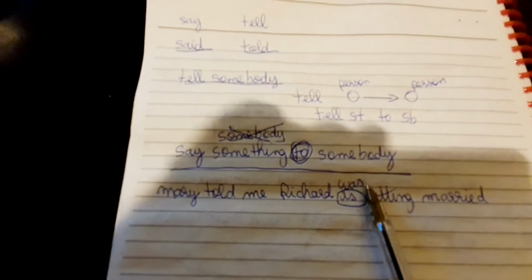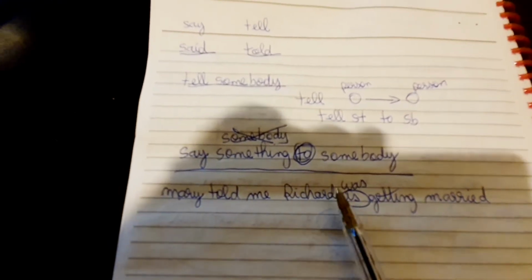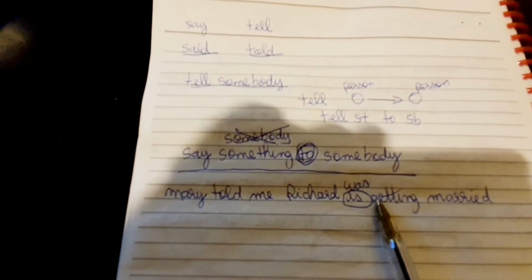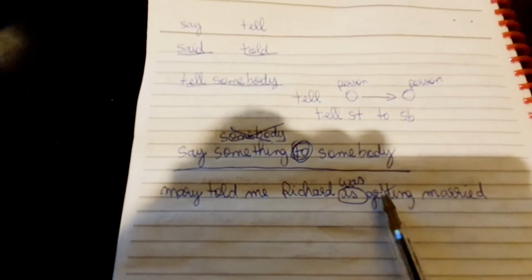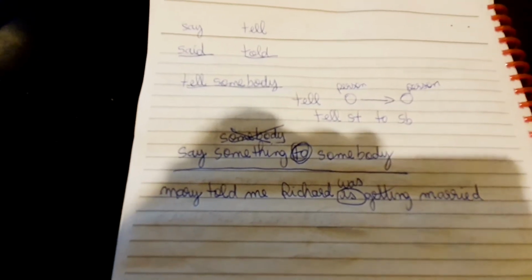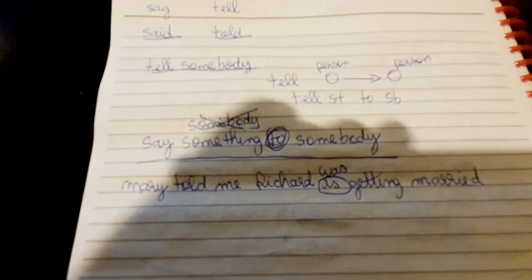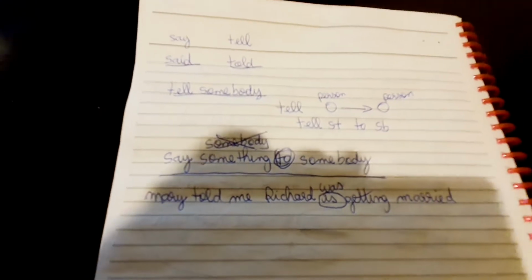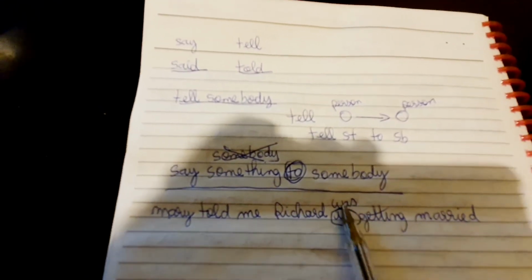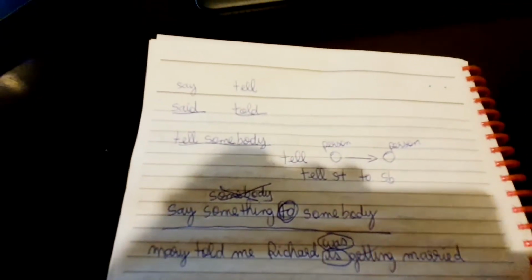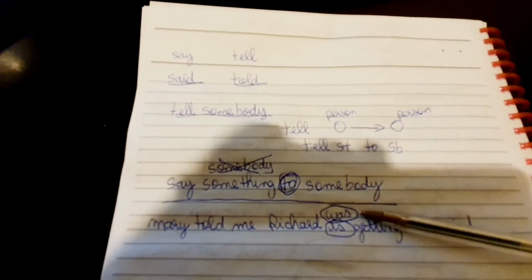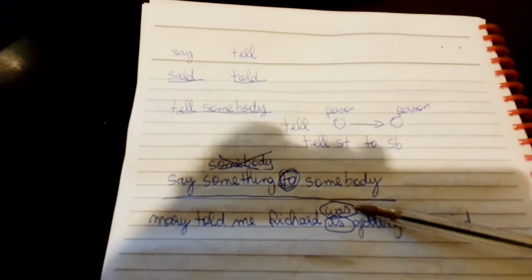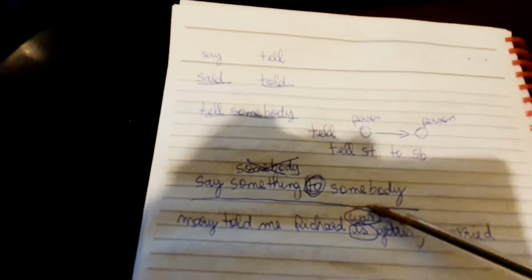But on the other hand, if the situation no longer applies and Richard has changed his mind or broken up with her fiancé for some reason, or he's no longer getting married, he gave up on this, no problem. So you use the verb was, because the situation of his getting married is no longer true, okay? So you can use both.